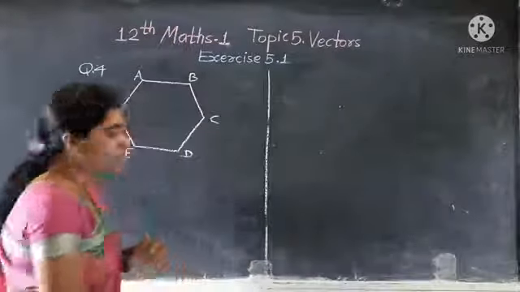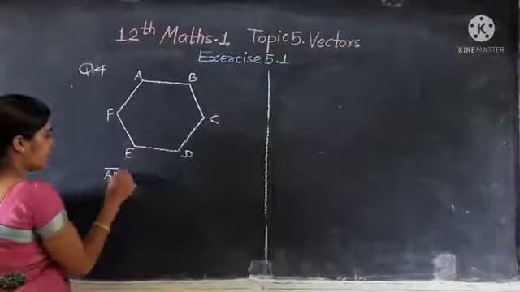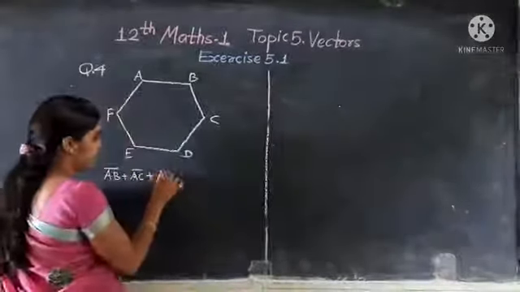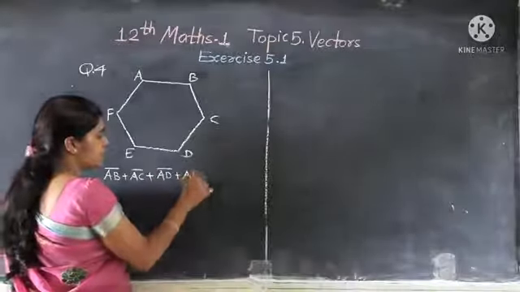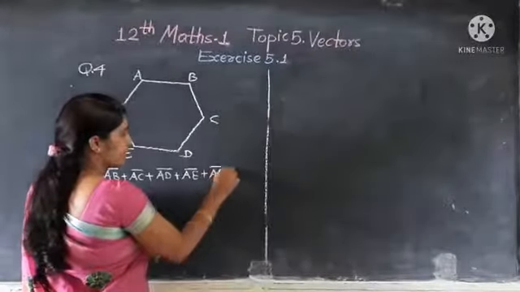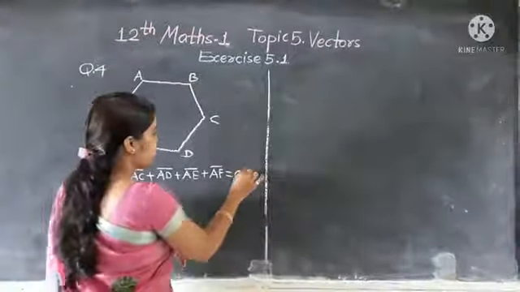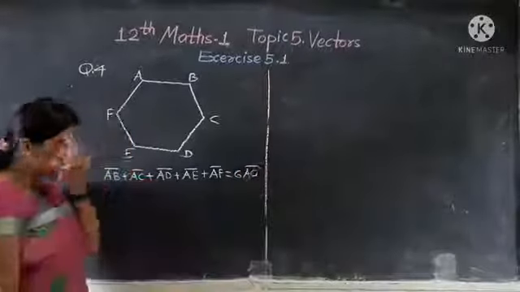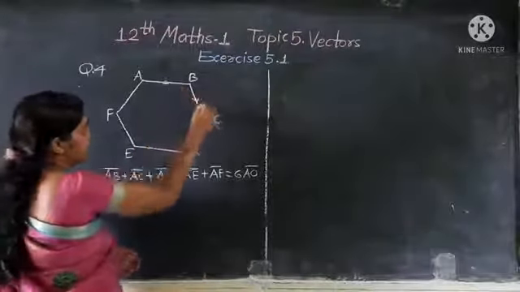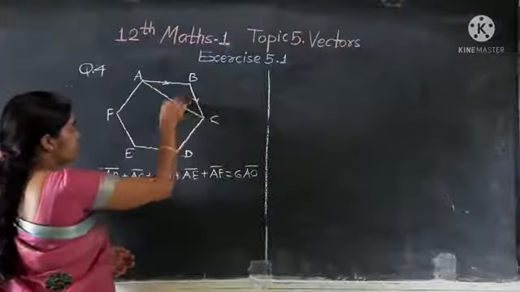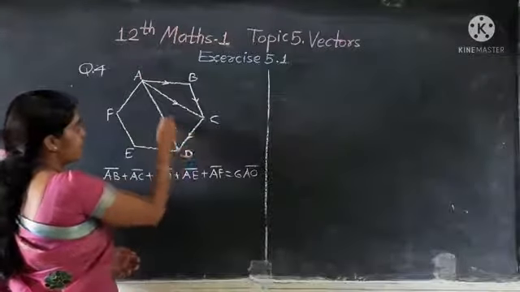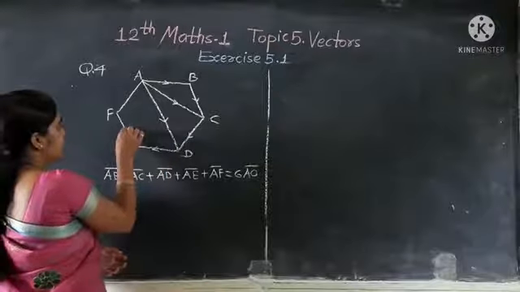We have to show that AB bar plus AC bar plus AD bar plus AE bar plus AF bar is equal to 6AO bar. Okay, we have to prove this. See student, direction: AB bar plus BC bar is AC bar, then AD bar, and so on, DE, EF.